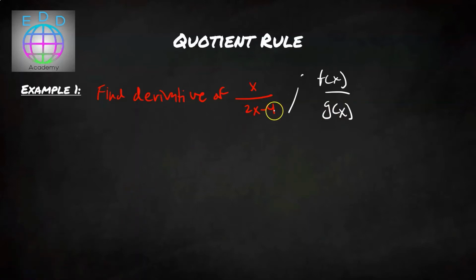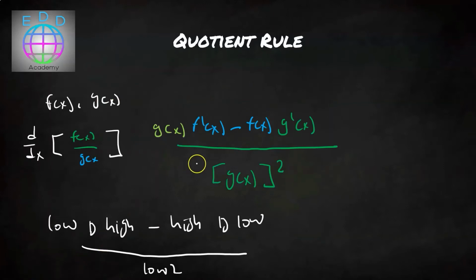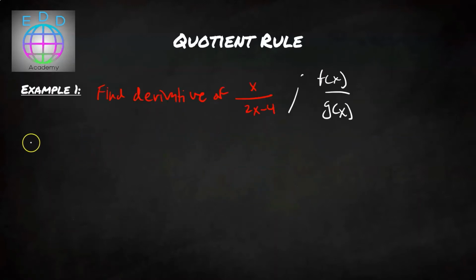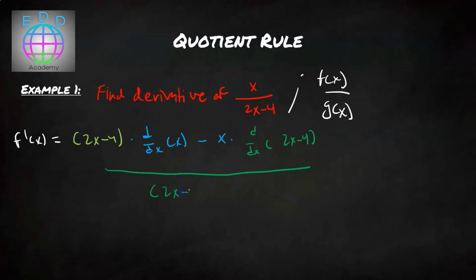So we can apply the rule we learned here to our current question, and we get that the derivative equals 2x minus 4 times the derivative of x, low d high, minus x times the derivative of 2x minus 4, all over 2x minus 4 squared.